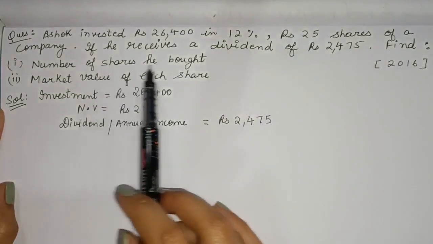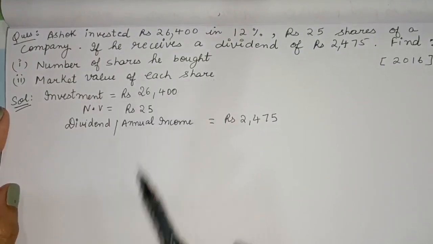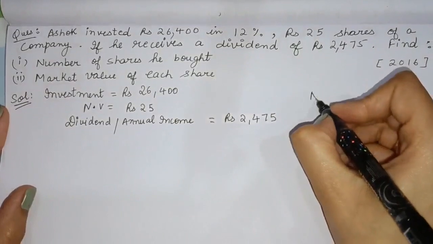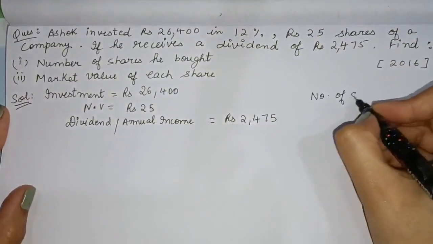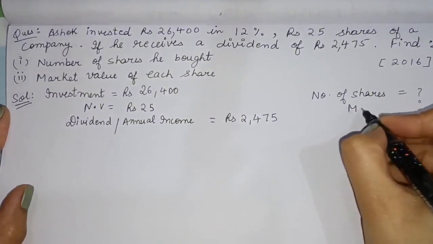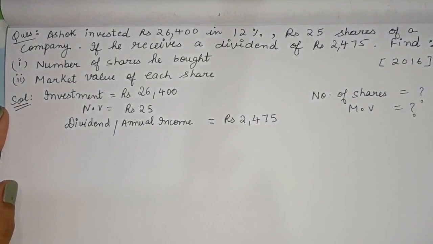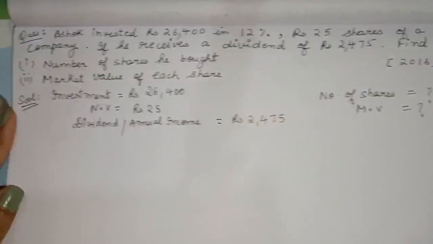Find the number of shares he bought and the market value of each share. So what we have to find, that also we will write. Number of shares we have to find, and market value, that means MV, we have to find. Now we can start our question.